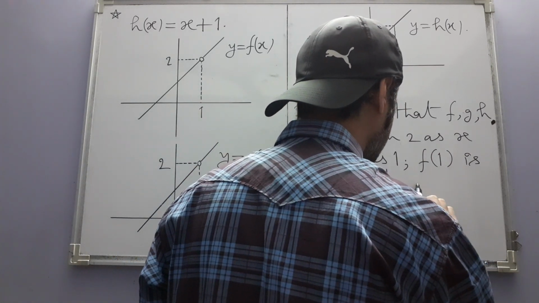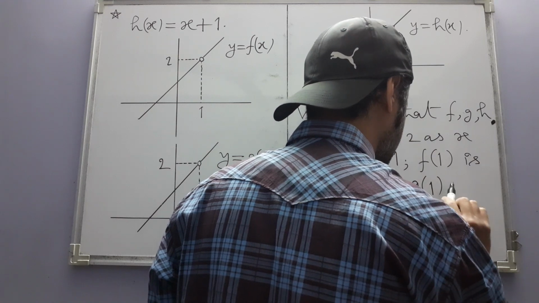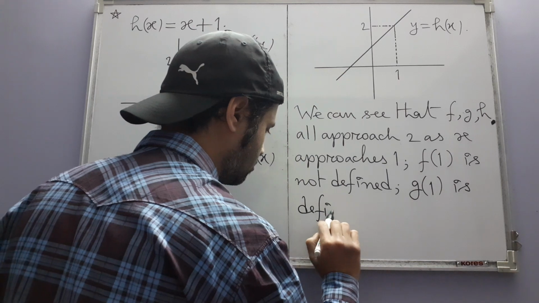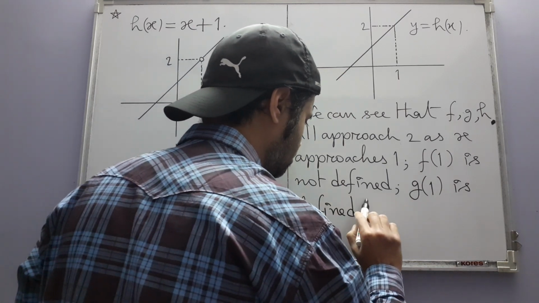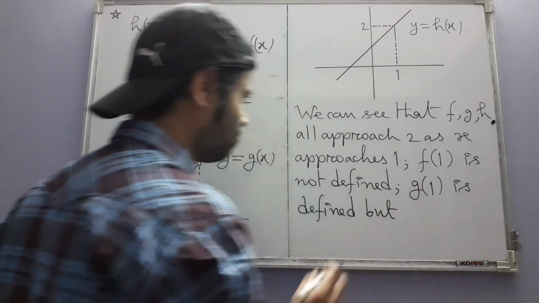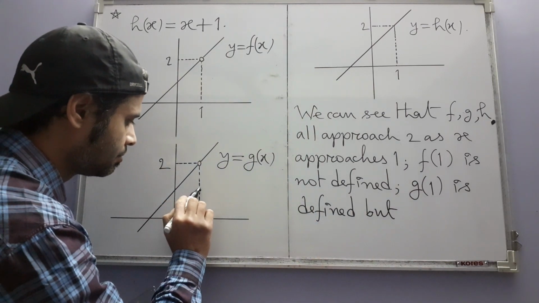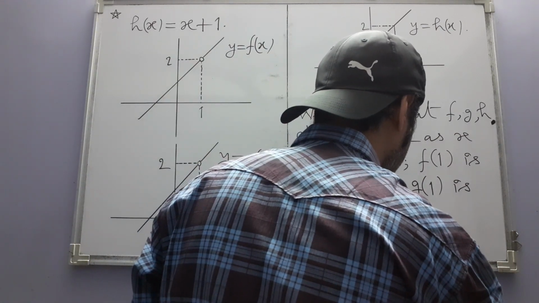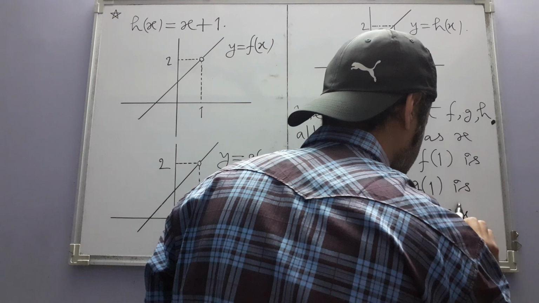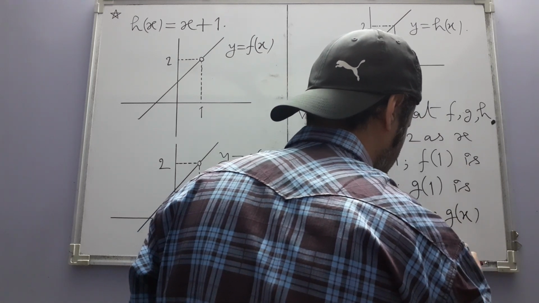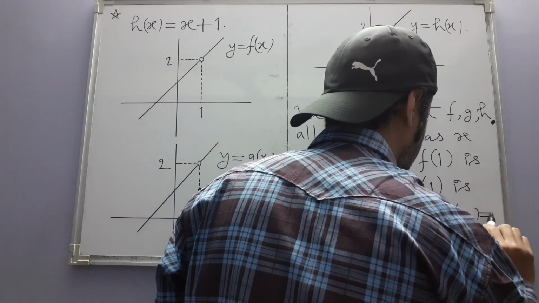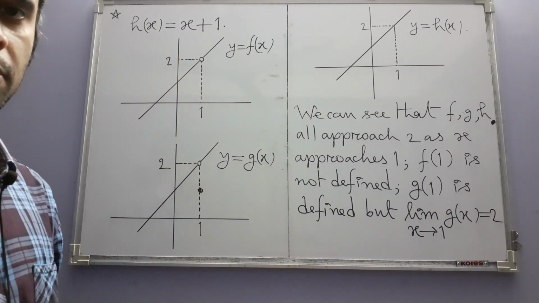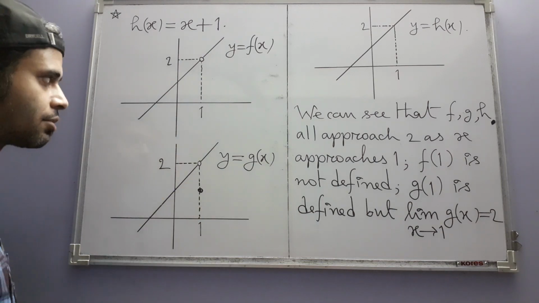What about g? g of 1 is defined, but defined means g of 1 is 1, but the limit of g of x is 2, which is not equal to g of 1, because 2 is different from 1.